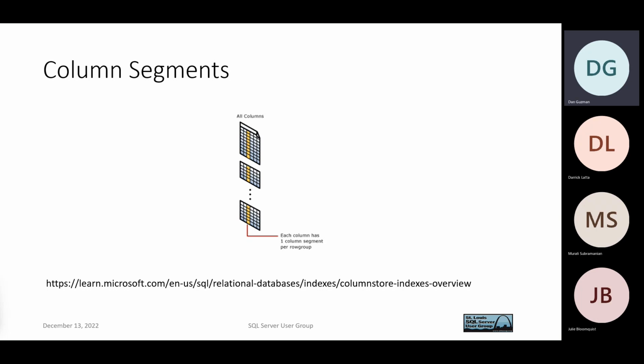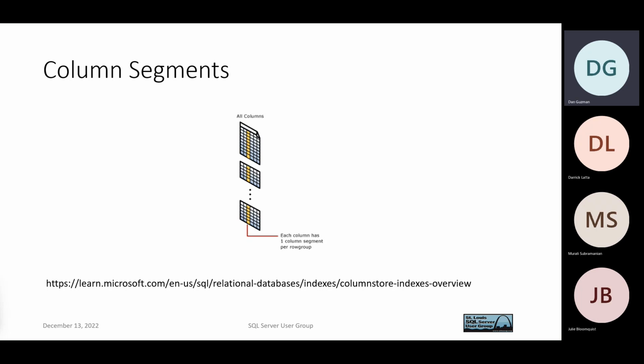It wouldn't have to touch any of the other columns in the table, unlike a row store where it actually has to pull all the column values from the data page for each row. It only has to touch the values for one column and entirely ignores the other ones. But of course, I can have as many columns as I want in my select queries. You can have multiple columns, but then it has to touch each one of those that you specified.